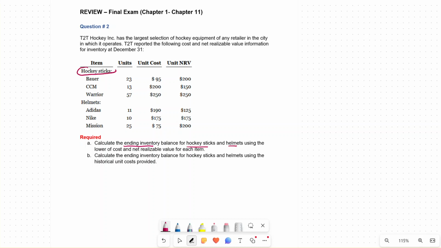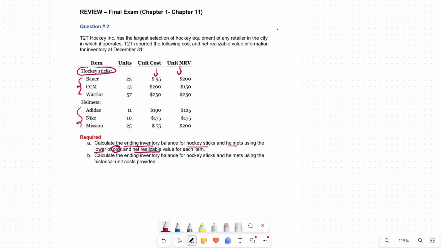These are the different types of sticks, and these are the different types of helmets the company sells. So we have to use lower of cost and net realizable value. They told us the unit cost, and this is the cost, and that's the net realizable value.